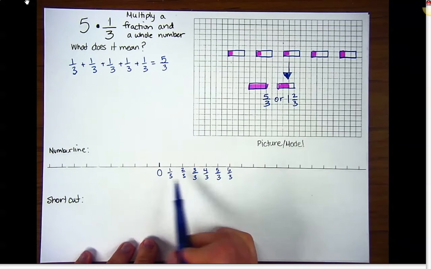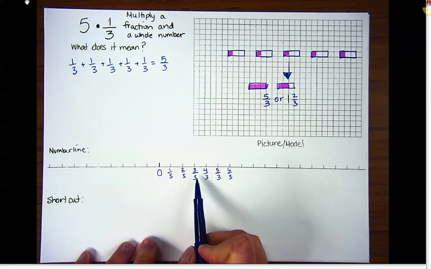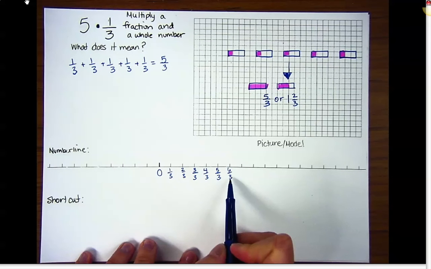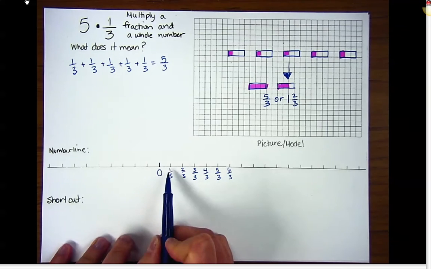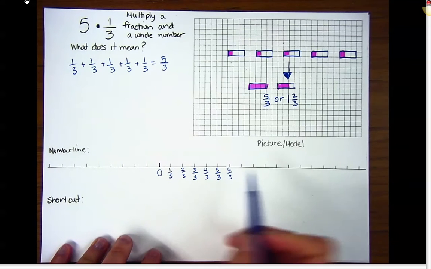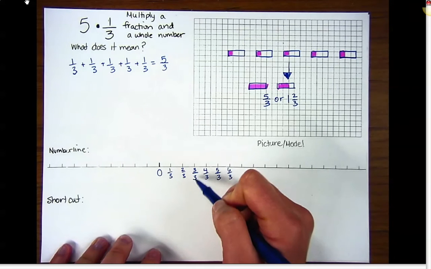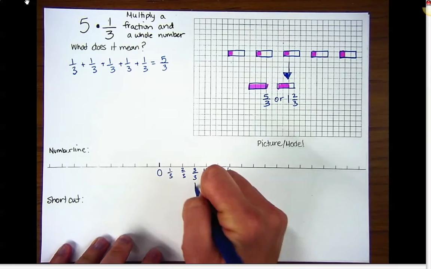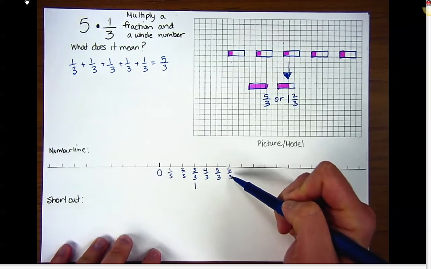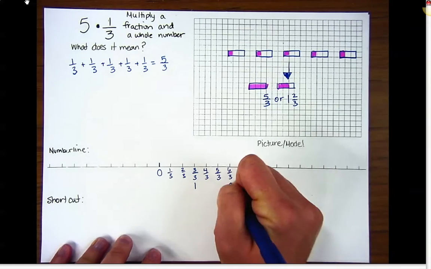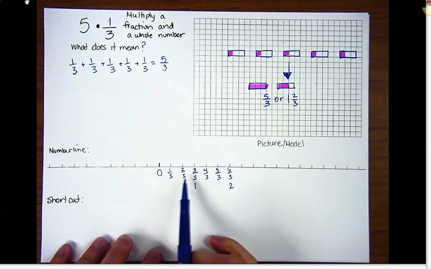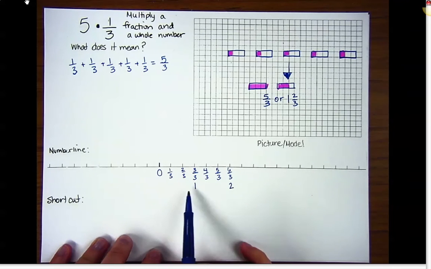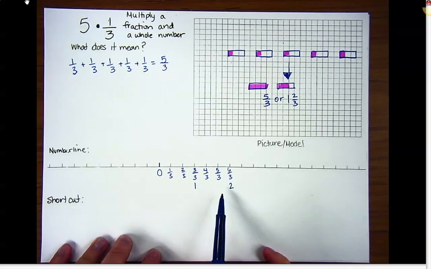Notice that these were written as fractions and then as improper fractions. I wanted to do that to keep the idea of the number line in my head. At 3/3, what is that? Well, that's 1 whole. What is 6/3? Well, that's going to be 2 whole. So I'm showing those as fractions, but also their equivalent whole numbers.